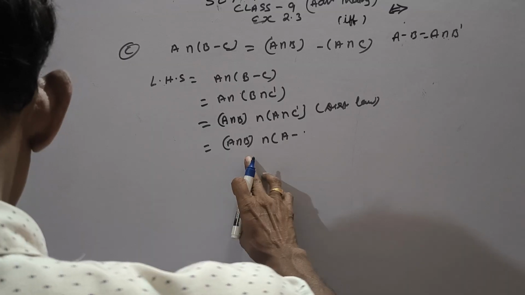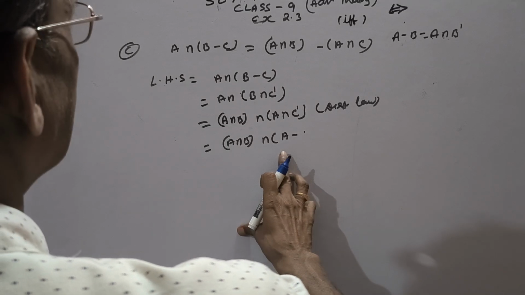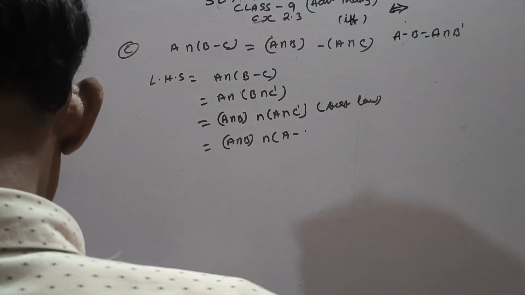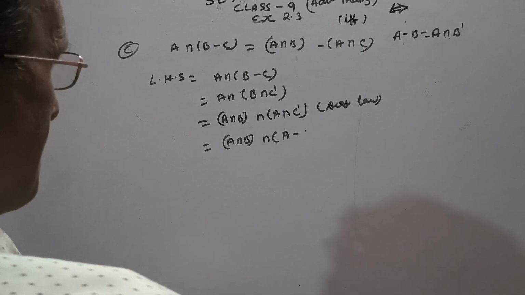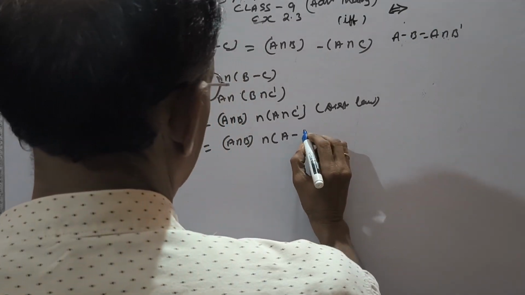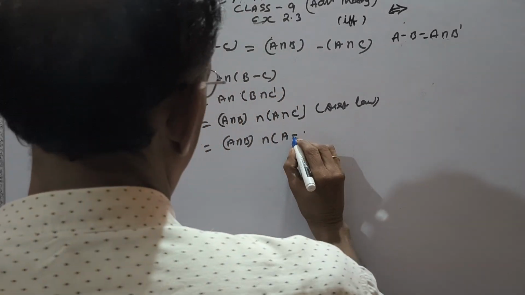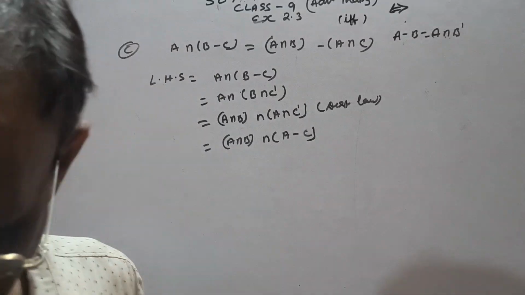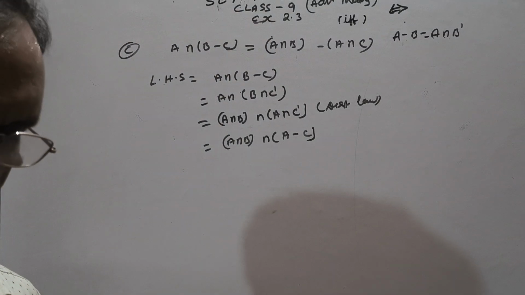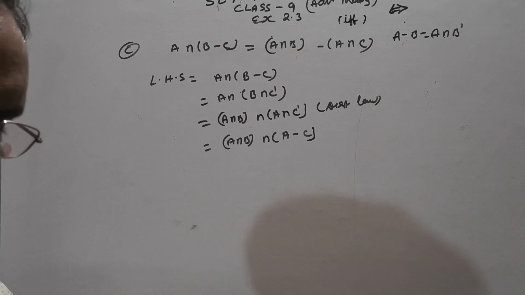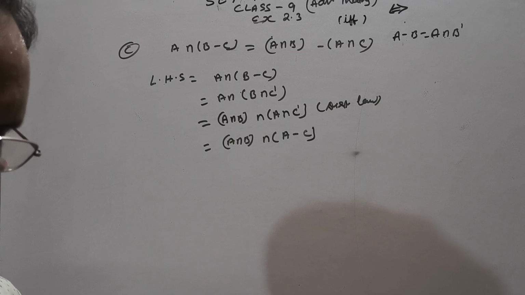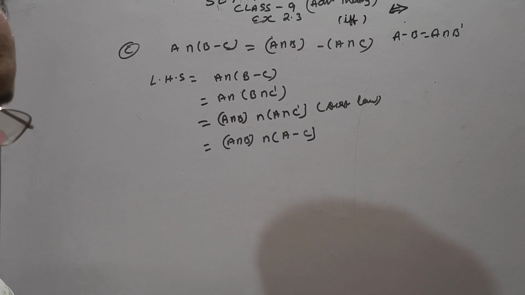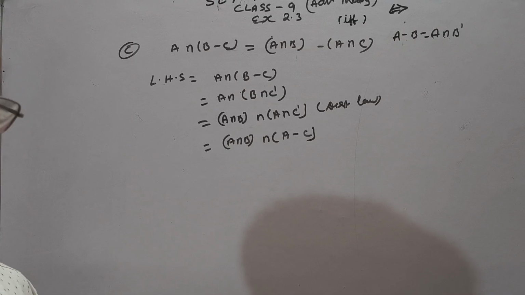What will we write here? A intersection B intersection A minus C. But let me see the question once. Read the question. B minus C. A intersection B minus A intersection C is there.